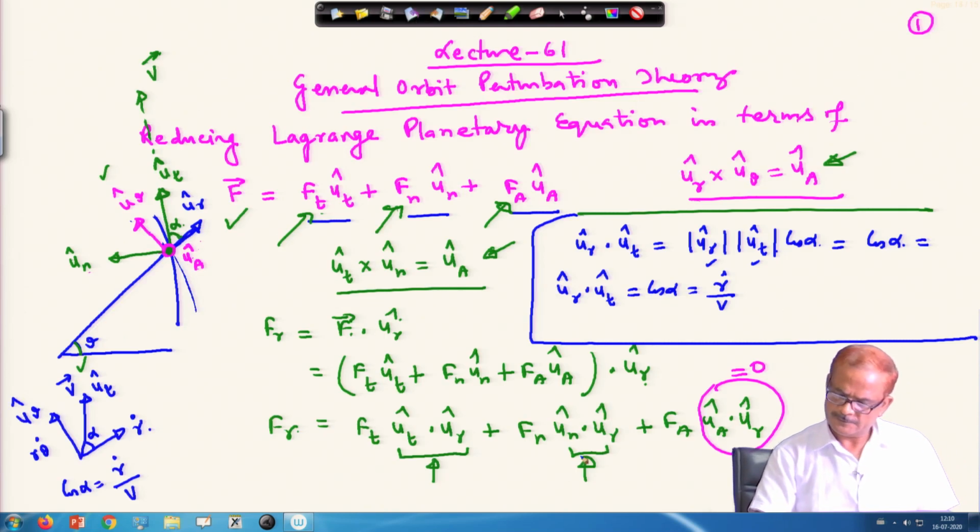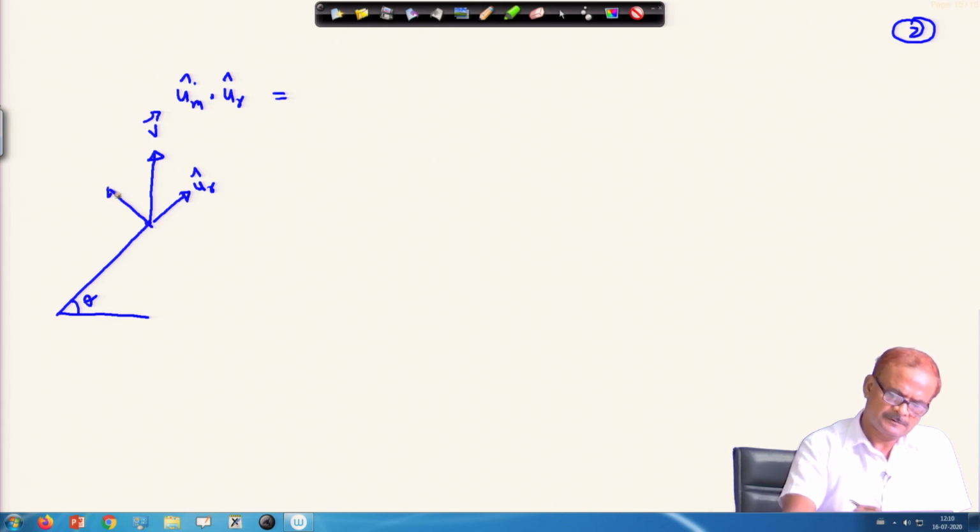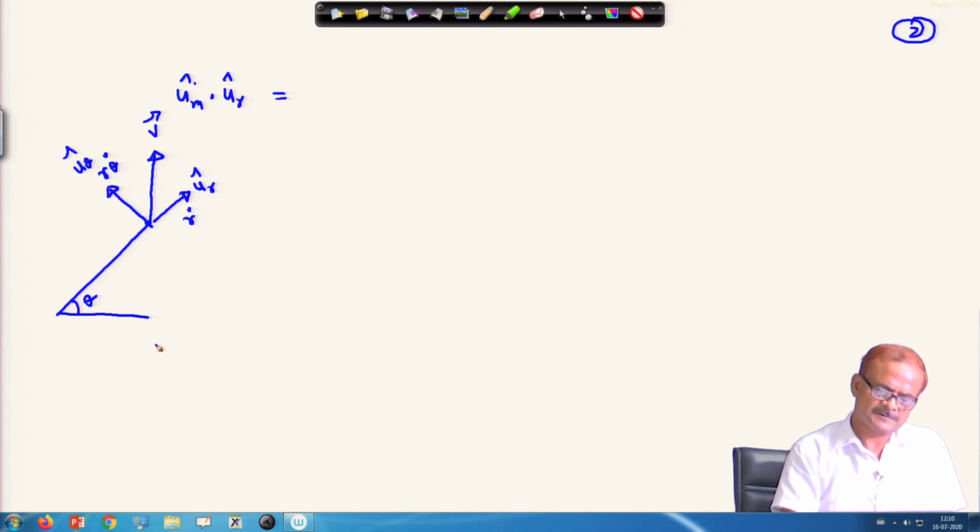Now, the next term is u n cap dot u r cap. The same way, this is the angle between the u n vector, this is theta, and the r direction we have taken here, u r cap. Then V we have taken in this direction, and r times theta dot is along the u theta cap direction, r dot is along this direction.